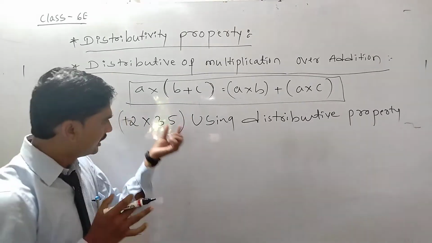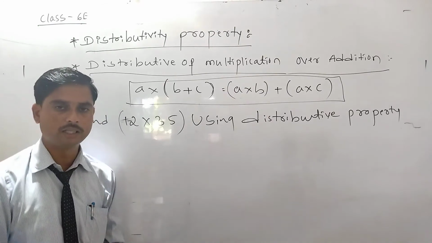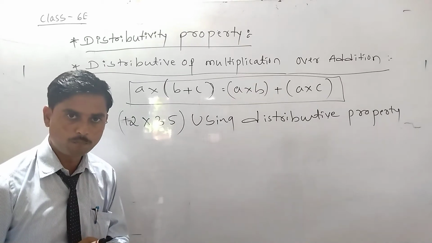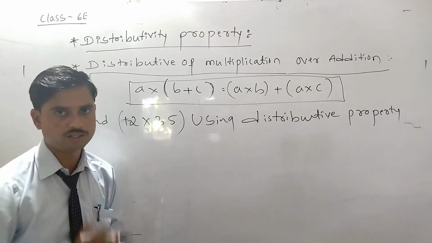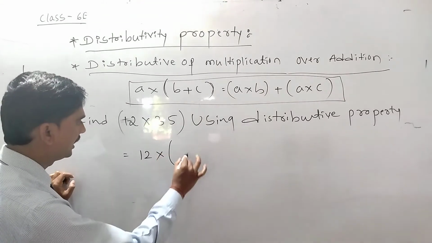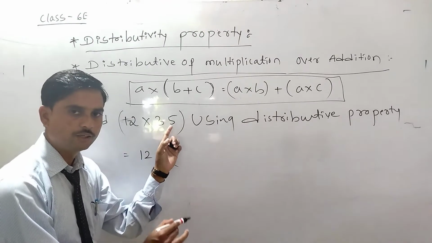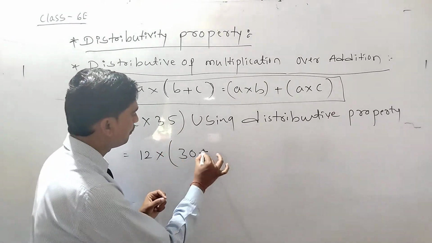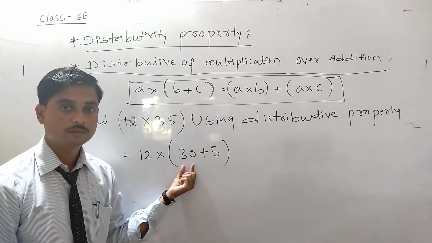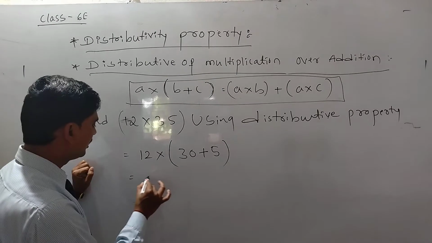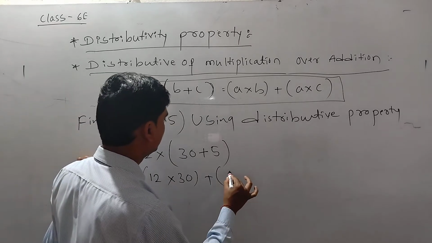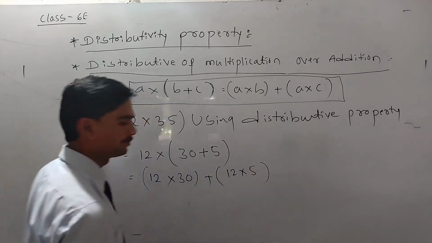When this type is given, you should do one thing: make a group of the number 35. 12 into bracket 35, you should make 30 plus 5. Then next, 12 into 30 plus 12 into 5.